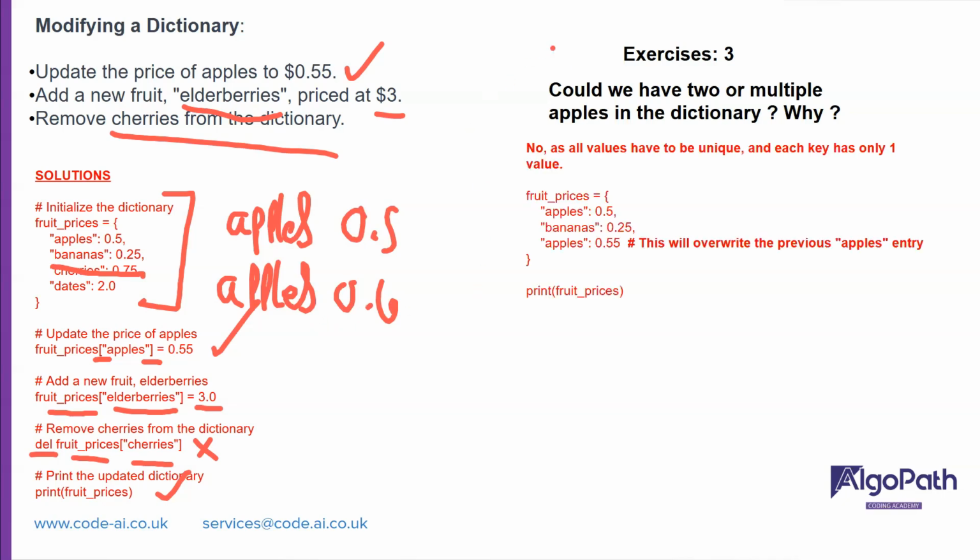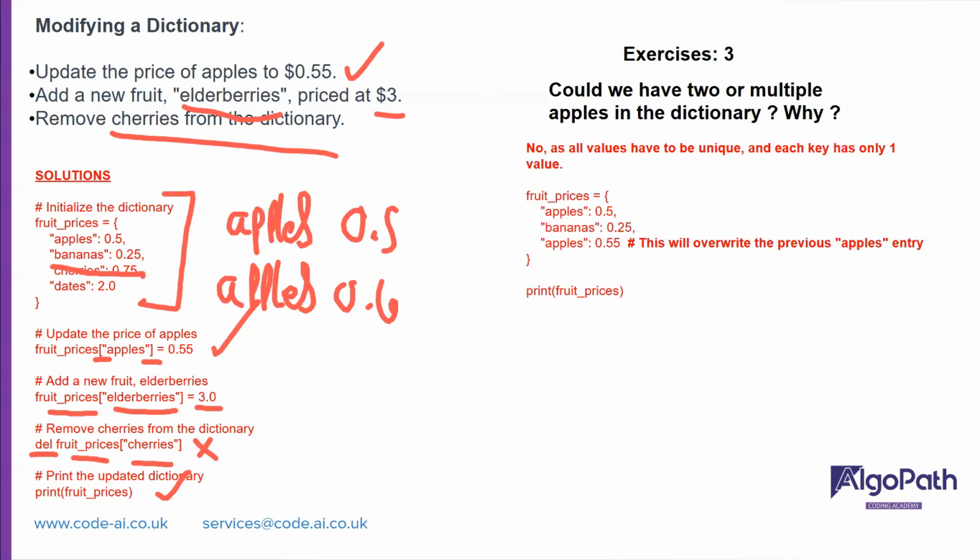Well, the answer is no, because one of the main concepts of a dictionary and why it's used, is because we want it to be unique. Every key is unique. You can be guaranteed that if you have a dictionary, every value in that dictionary is different, which pretty much is the same as a real book dictionary, isn't it?